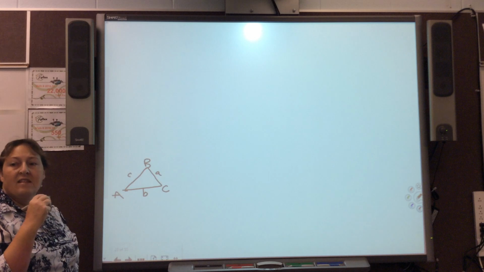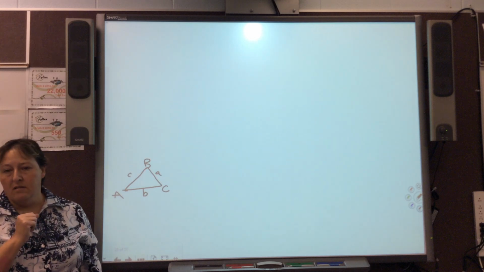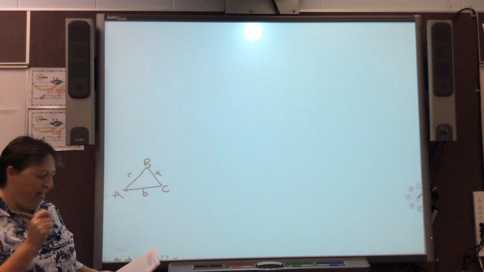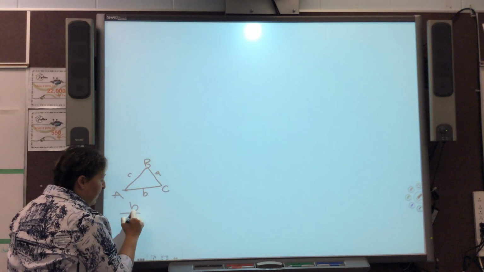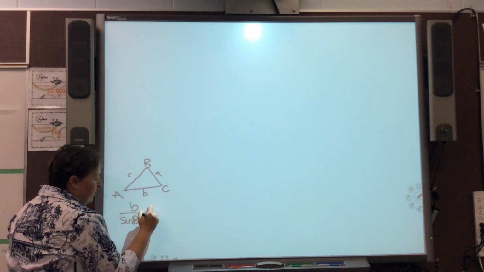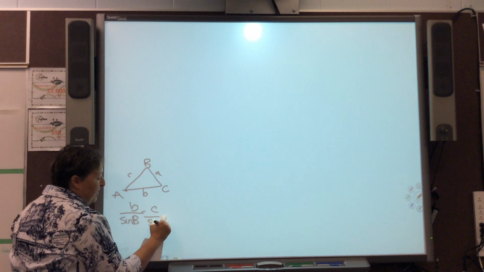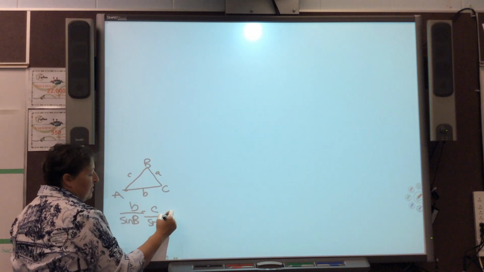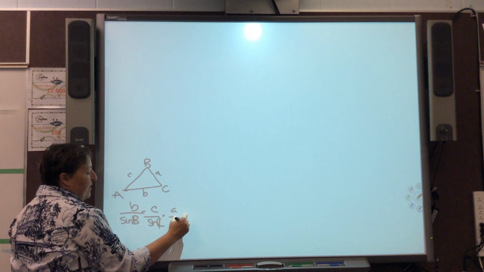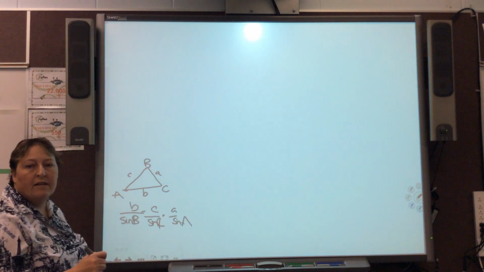Okay, this is where we're going. There's B over the sine of B, is equal to C over the sine of C, equal to A over the sine of A. And then what's cos?